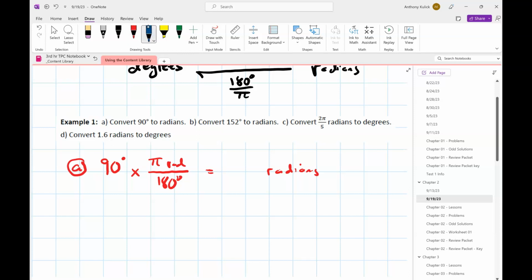Now, the convention in trigonometry is whenever possible, we'd like to write our radians in terms of pi. So to do that, I need to kind of reduce this multiplication problem as I go. So do we see a common factor between 90 and 180?